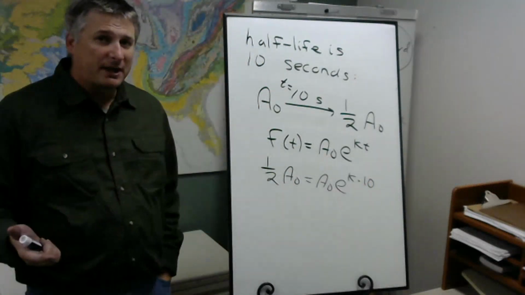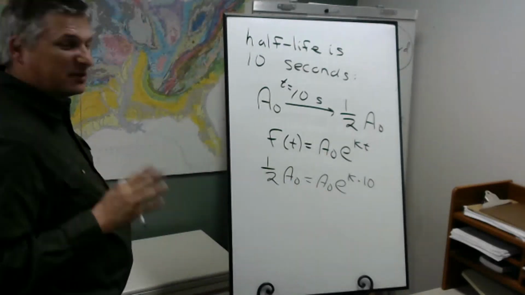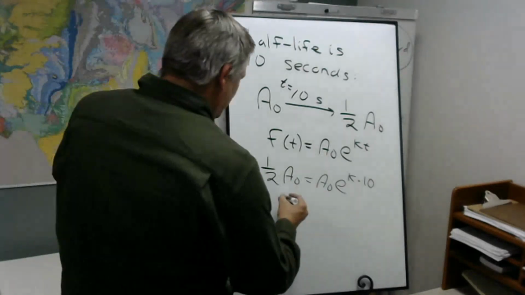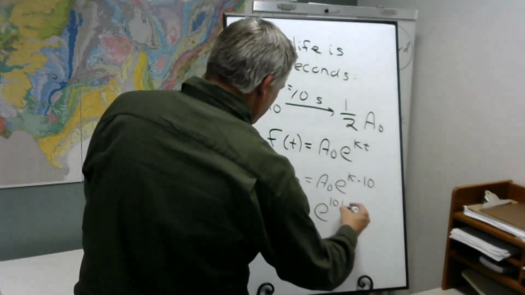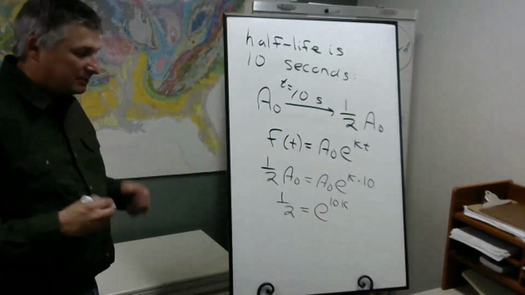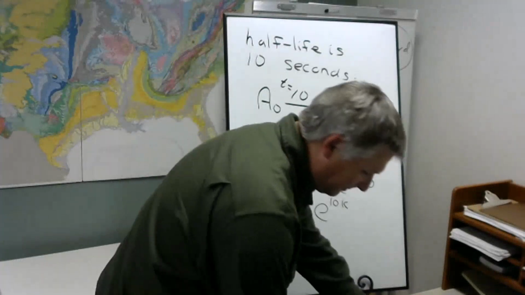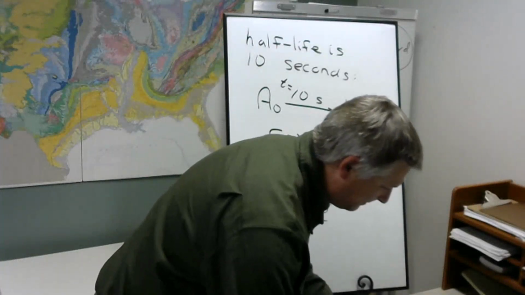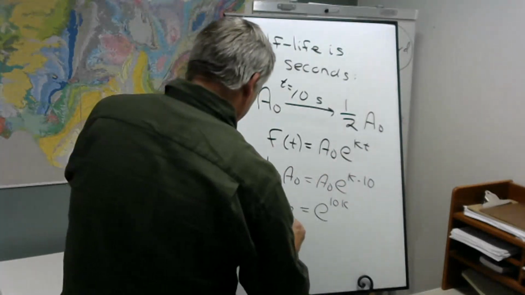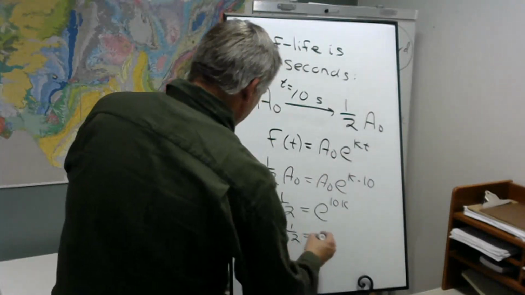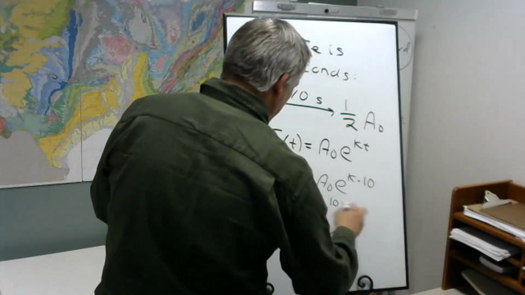So we still want to solve for k. So we can divide both sides by A0. This is kind of a clever trick. And we end up with 1/2 equals e to the 10k. Take the natural log of both sides. Oh, that's 10k.